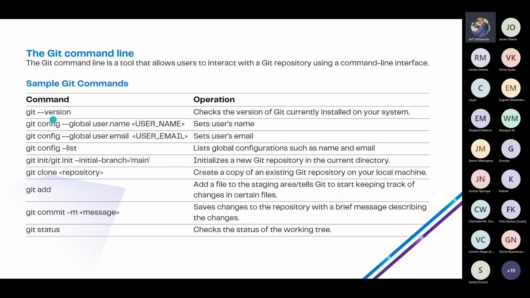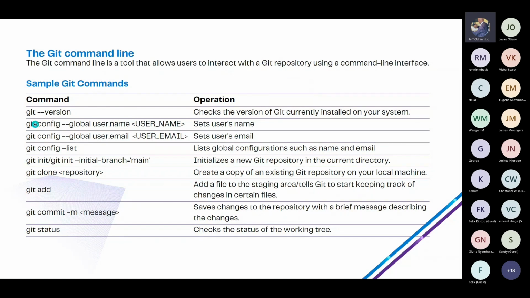Another one is to configure. Actually, before you do any commit, you have to configure Git, and you have to provide the name and the email of whoever is doing the changes. That configuration is done to the global variables user name and user email.